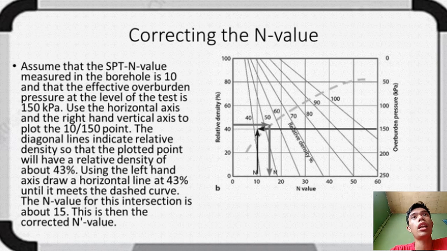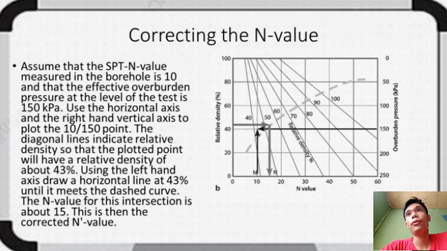So pag intersect sila, mabase ta dire sa mga diagonal lines, kanang mga lines nga pahiwi-hiwi, and these diagonal lines indicate the relative density, so that the plotted point will have a relative density of about 43%. Atong tan-awon ang atong na-plot nga point 10 to 150, tapos atong i-record na sila duha, naa daw tay relative density nga 43%.